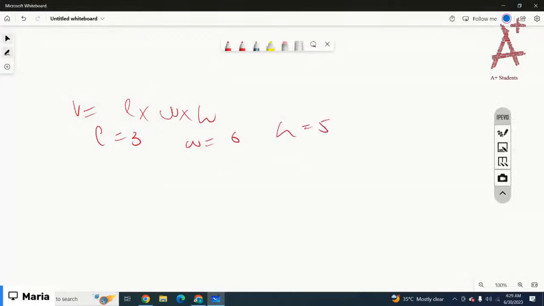For the volume, you have to do 3 times 6 times 5.